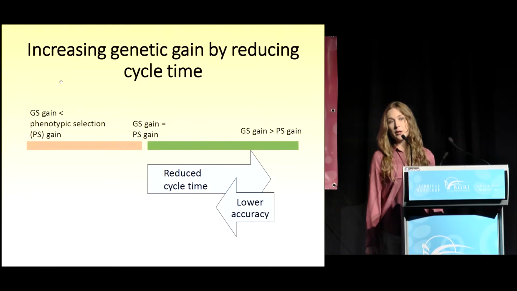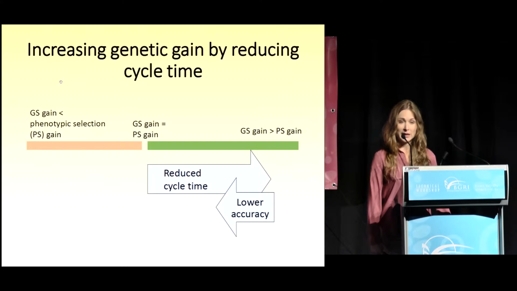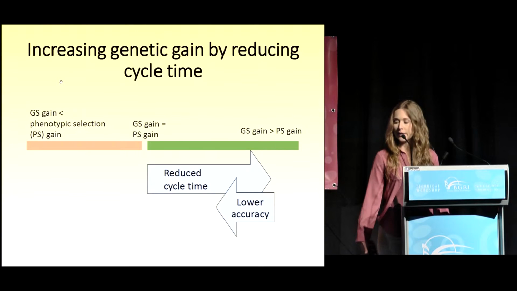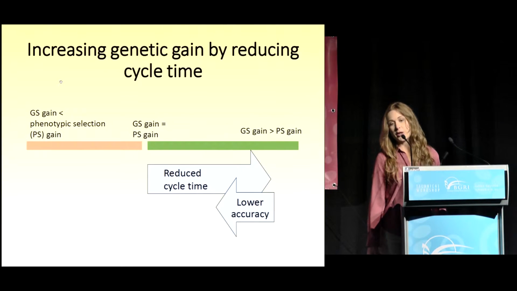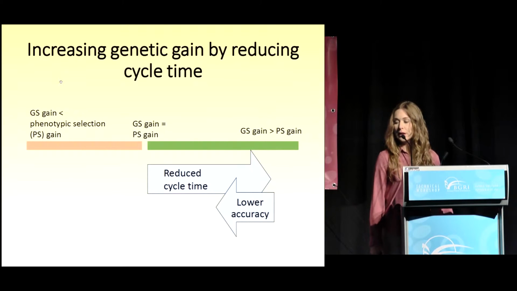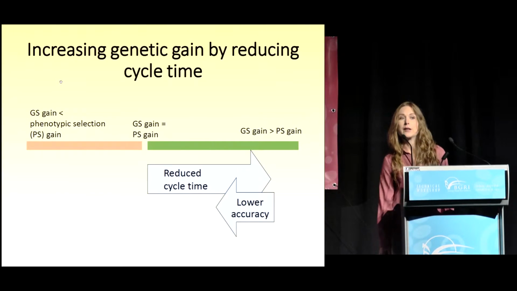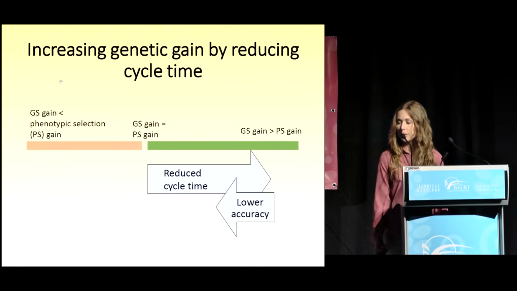However, if you can reduce the time more than you reduce the accuracy, you still come out with genomic selection leading to greater genetic gain than phenotypic selection. If you reduce the accuracy too much, then you will not have greater genetic gain. So that's really the key to increasing genetic gain with this type of genomic selection approach.